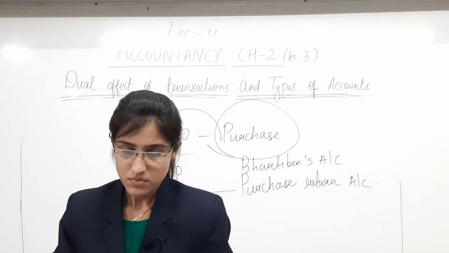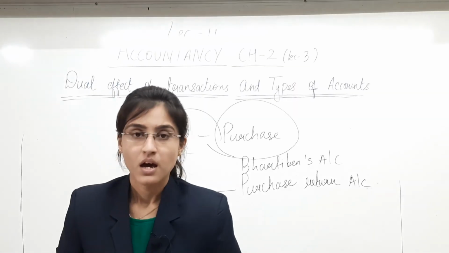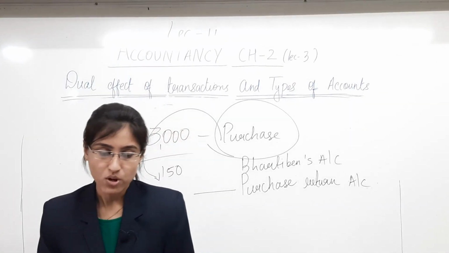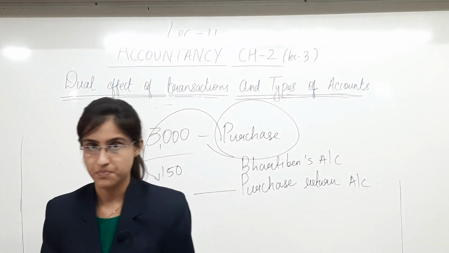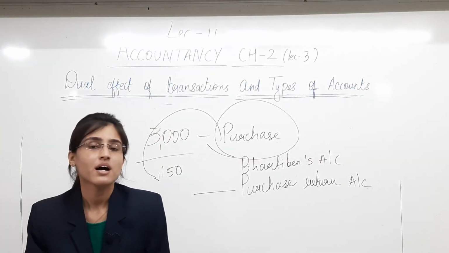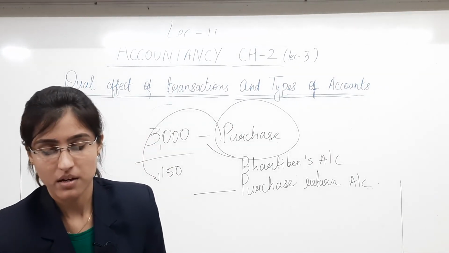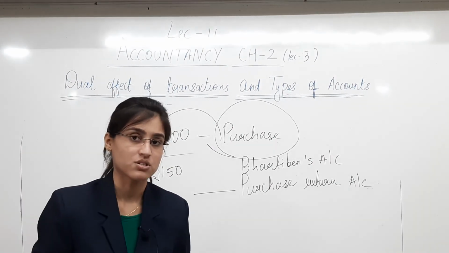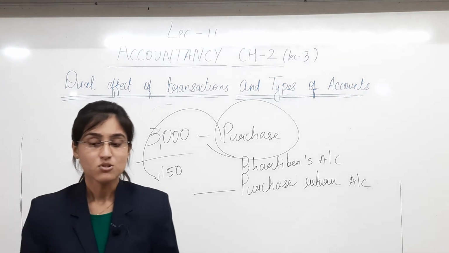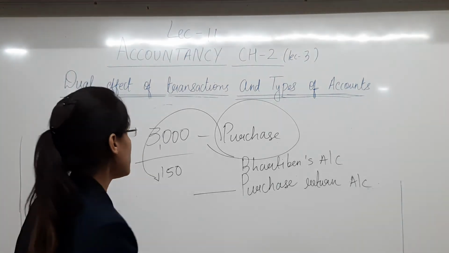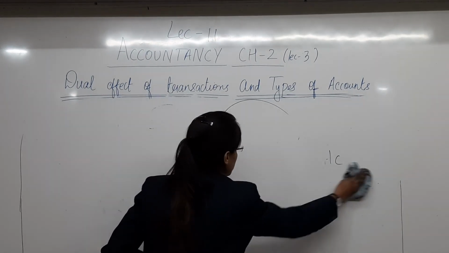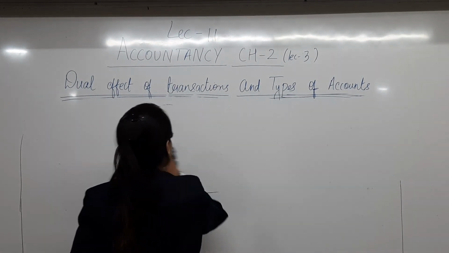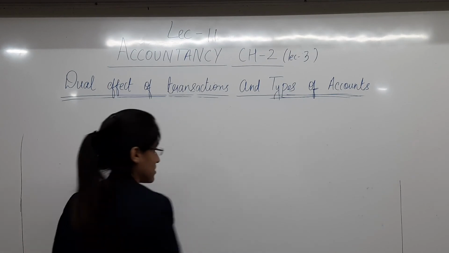Yes. Then there is a transaction, check of rupees 2,850 issued to Bharti Ben. You have given a check to Bharti Ben. This is a cash transaction. So of the two effects, there should be one effect for cash or bank as per the rules of identification of cash transaction.